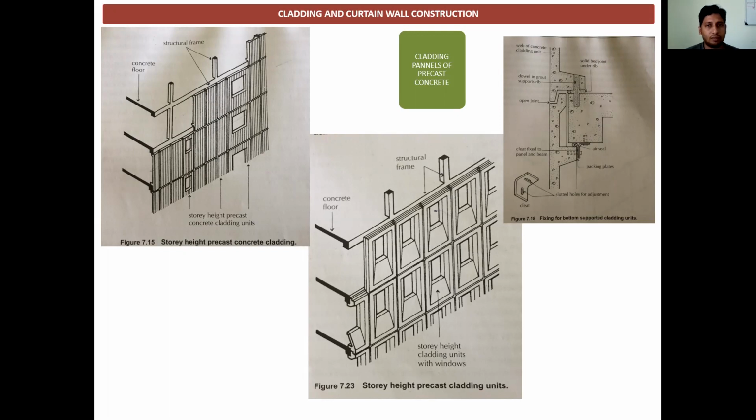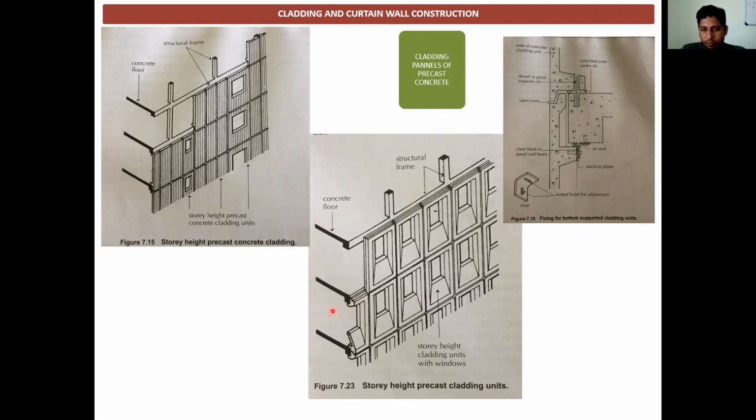Some sketches are shared with you showing the structural frame, the concrete floor, and how this cladded material is going to be fixed in an existing structure or a new structure.